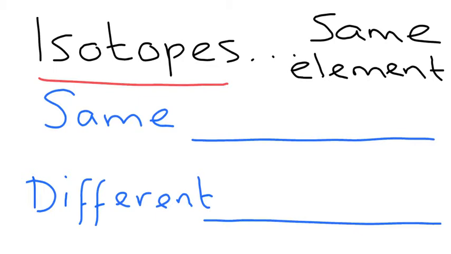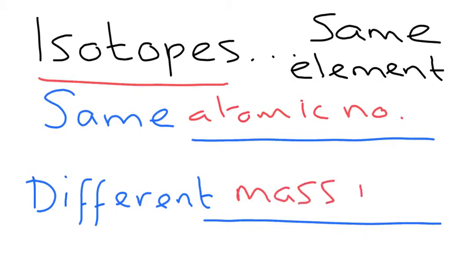When you look at isotopes, one thing you would notice is that they have exactly the same atomic number. However, they actually have different mass numbers. I will come to that relevance in a couple of seconds.